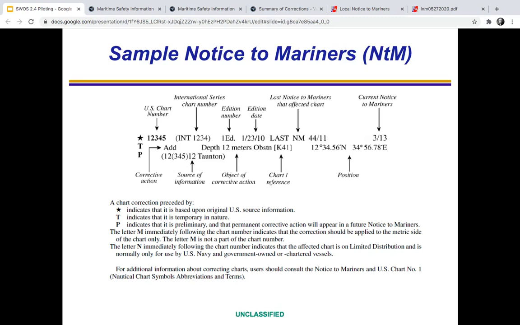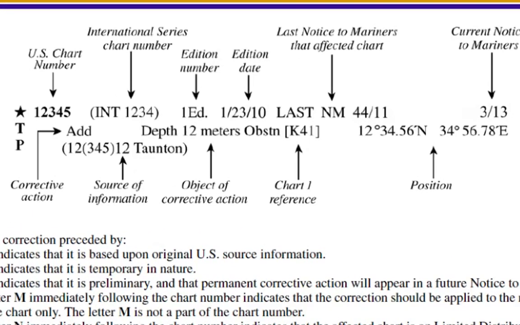So now we've got all of that preliminary information, we can go to the second line. The second line tells you what you actually need to be doing on your chart. So here, the corrective action: add a depth of 12 meters, an obstruction. And then it has a Chart 1 reference, which you can refer to with that publication as well.